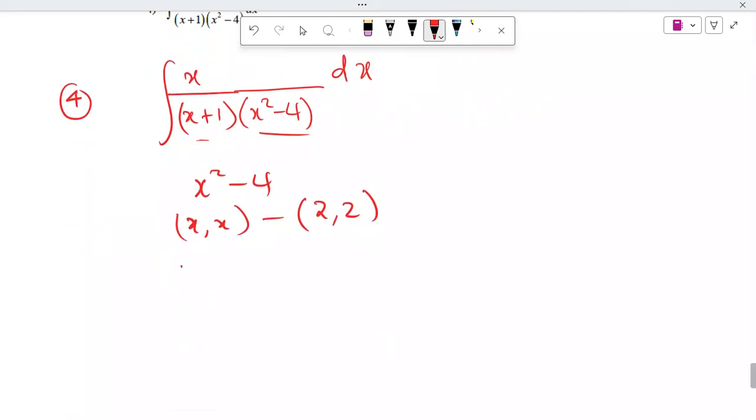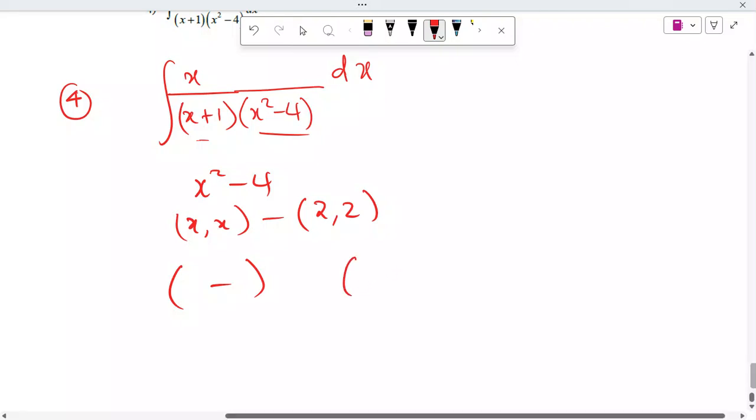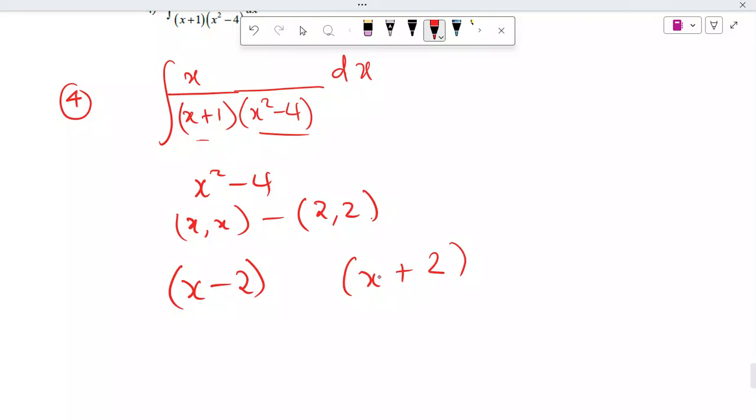Okay, so the way we used to solve it in grade 12, we have a negative here, we have a positive here. Then we get x here, we get 2 here, we get x here, we get 2 here. So these signs have to be different because we have a negative here. Negative multiplied by a positive, negative. So this is the same as this.